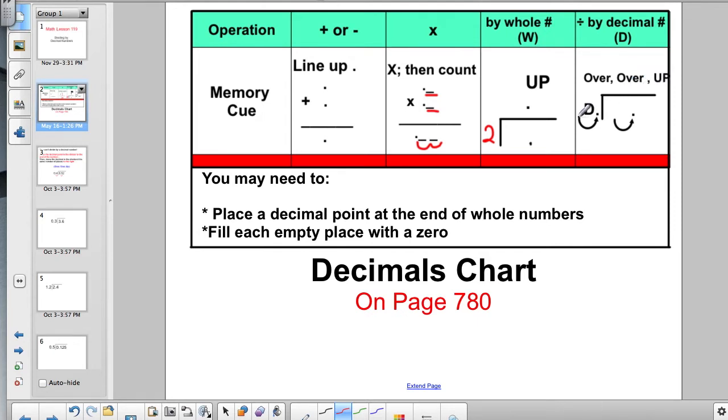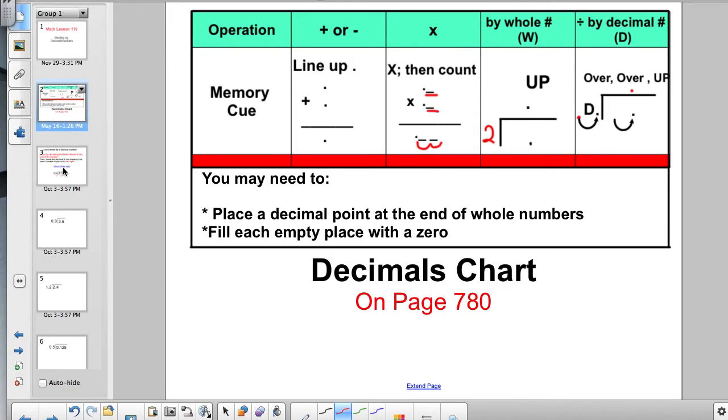Because if you have a dividing problem where your divisor is a decimal, you first have to bring the decimal point to the end of it. If I jumped over one number here in the divisor, I have to jump over one number in the dividend as well. Over, over, and then straight up.